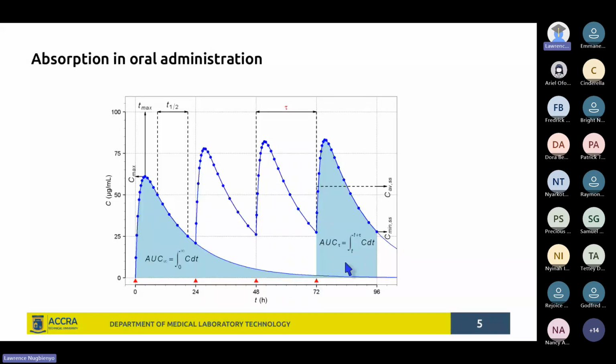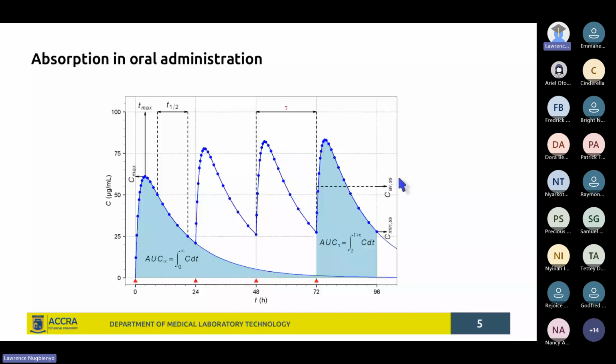The distance between the minimum effective concentration and the maximum therapeutic concentration, we refer to as a safety corridor.